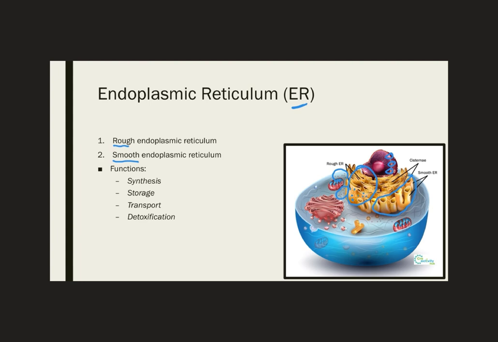Rough looks rough with all those little organelles attached to it, and smooth looks smooth. As we can see from this image, it is made up of this network of intracellular membranes that form these hollow tubes or flat sheets that form these rounded chambers that are actually known as the cisternae.